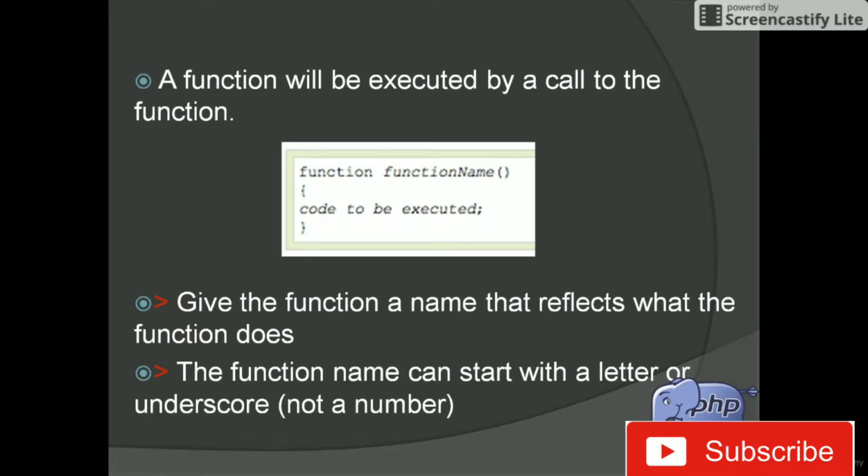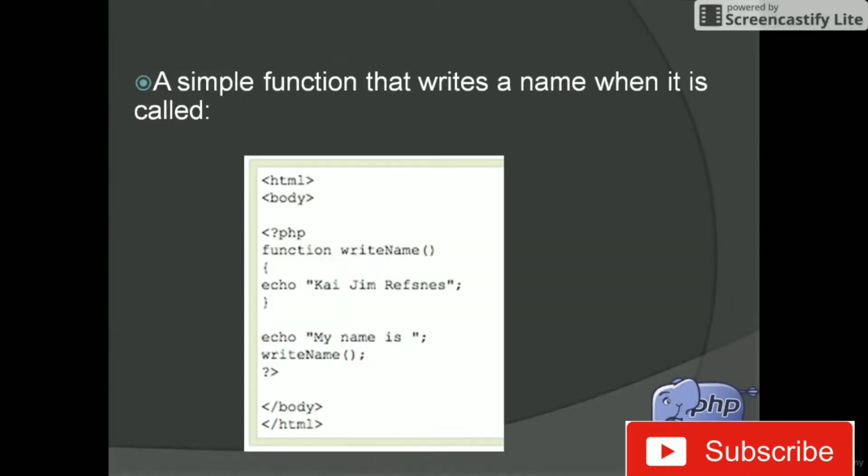A function is not of a certain data type in PHP, but in Java or other languages like C, we have functions of type int, float, character, or any other type. It can also return a value. A function name starts with a letter or an underscore, but it cannot start with a number.